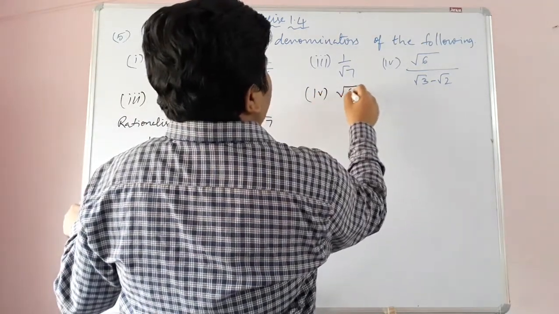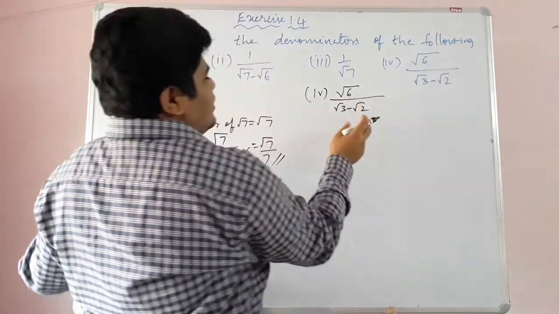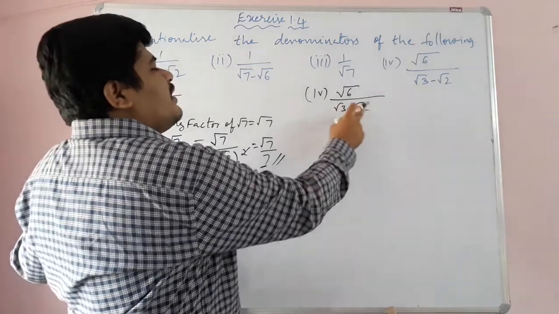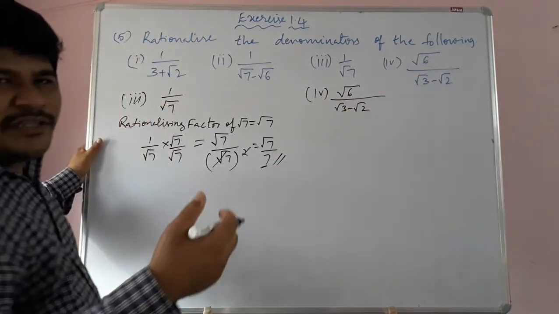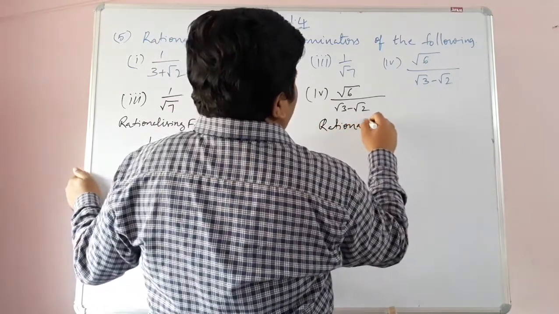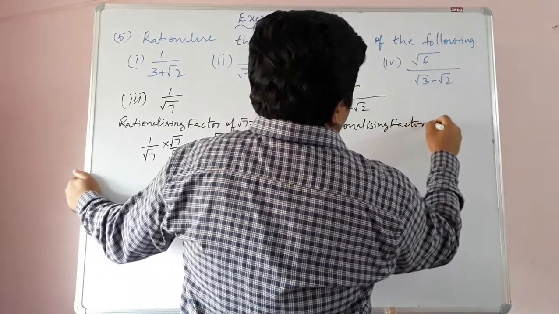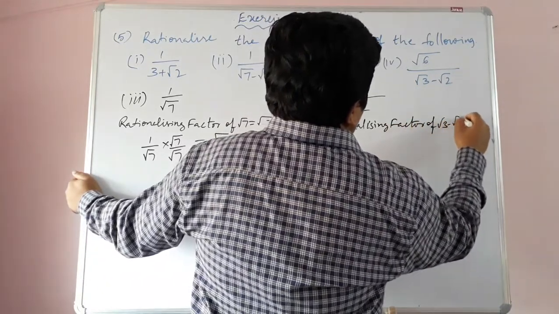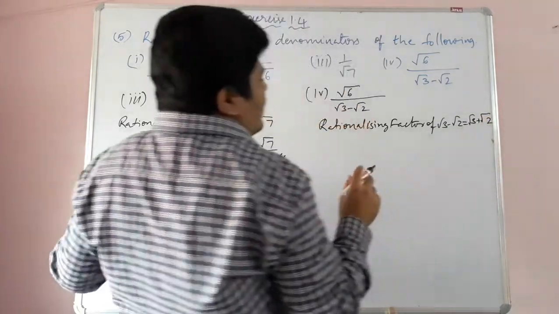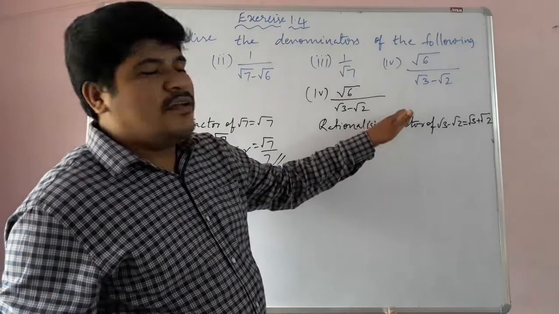that is root 6 by root 3 minus root 2. So students, first we have to observe the denominator, that is binomial. Root 3 minus root 2 is there. We have to take the rationalizing factor of this expression first. So the rationalizing factor of root 3 minus root 2 is equal to root 3 plus root 2. Now we have to multiply and divide with root 3 plus root 2.